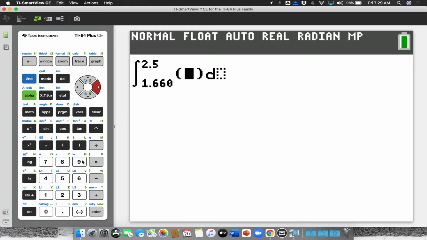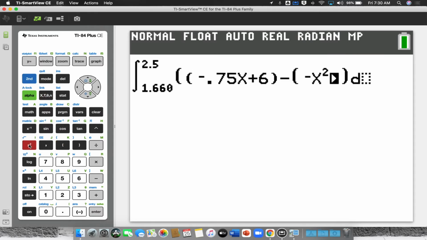So that's going to be parentheses, negative 0.75x plus 6, minus negative x squared minus 1.5x plus 10.